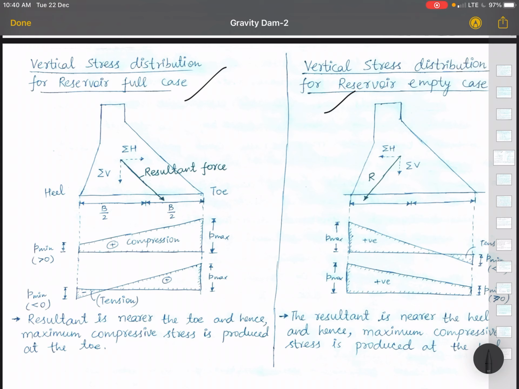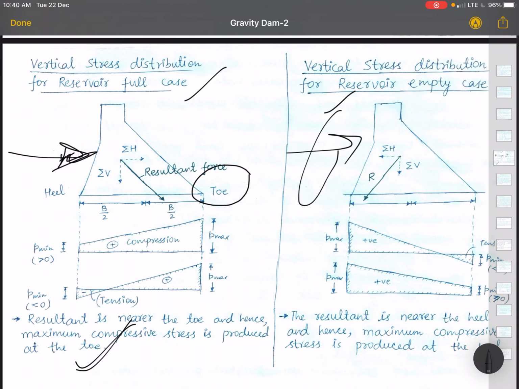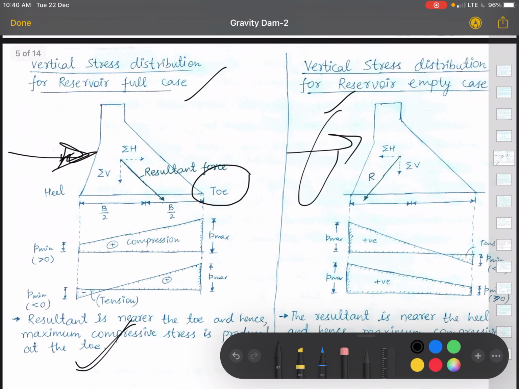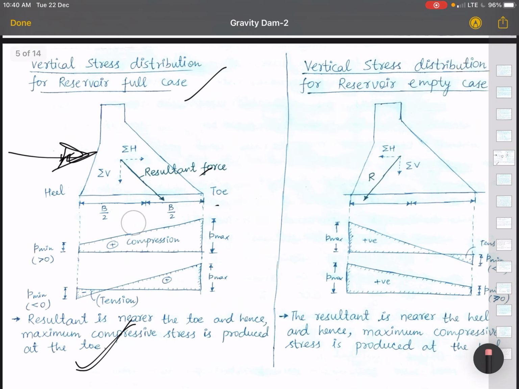If the reservoir is full, the resultant force will pass near the toe. The resultant is nearer the toe and hence the maximum compressive stress is produced at the toe, because the water force creates horizontal thrust, which leads the resultant to pass nearer to the toe. But if there is no external water, no such force will be there, so the resultant will pass nearer to the heel. You have to keep this in mind.